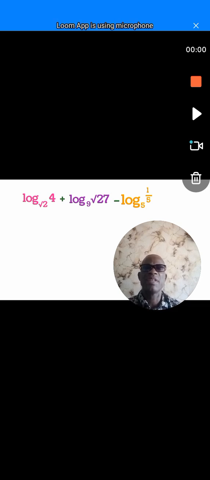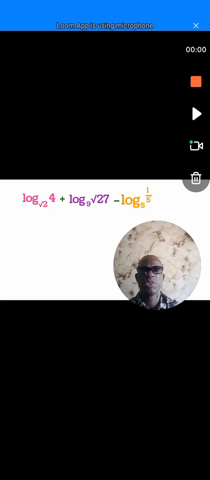And changing the base to base 2 will be like this: log 4 over log root 2, all in base 2. The log of the number over the log of the base, all in the new base.